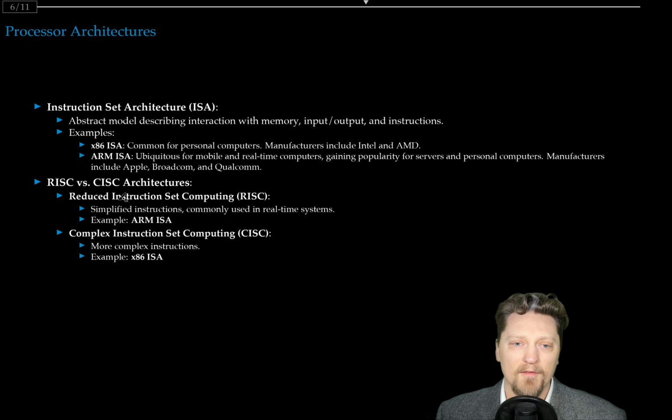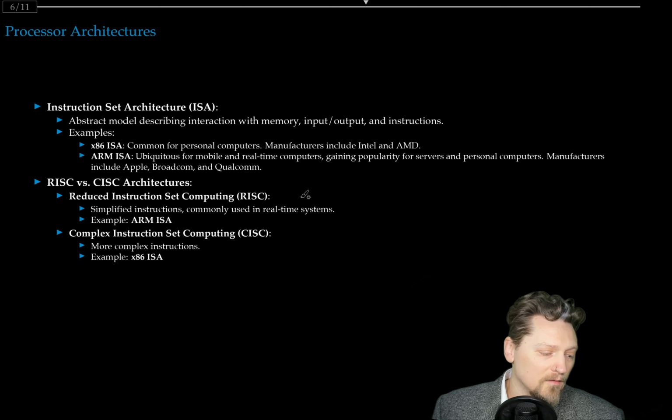ARM ISA is ubiquitous for mobile and real-time computers, gaining popularity for servers and personal computers. Manufacturers include Apple, Broadcom, and Qualcomm. So these have gained in popularity for general computing devices, but historically were more mobile and real-time computer oriented.